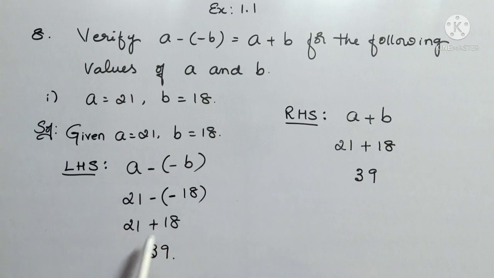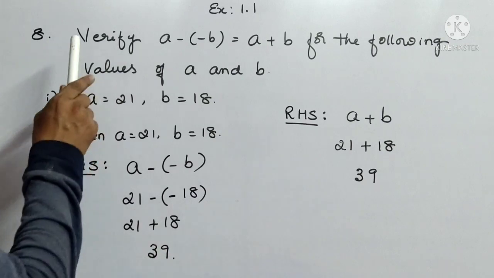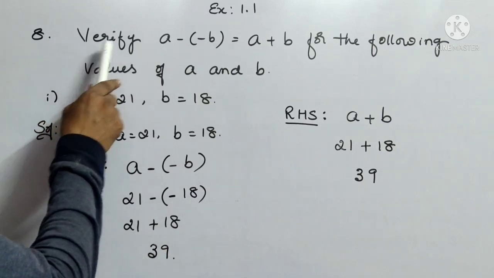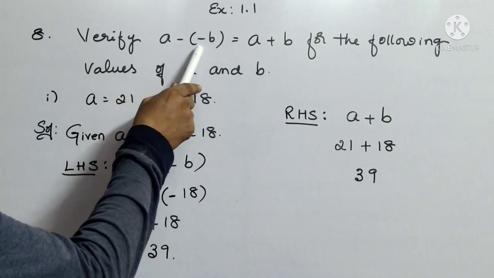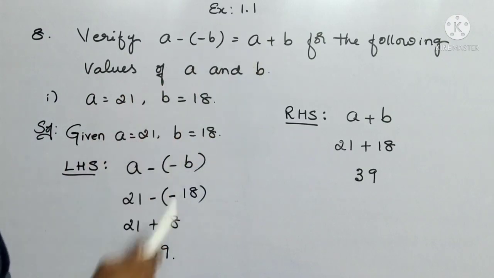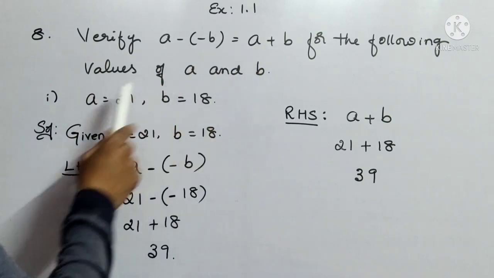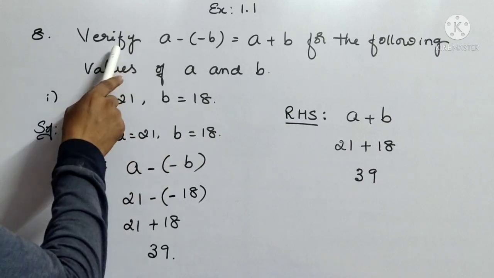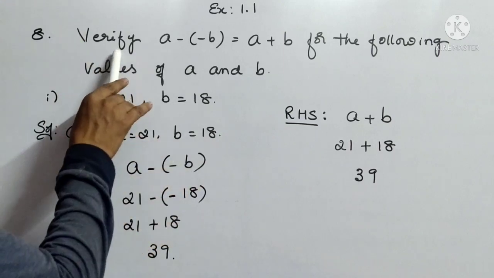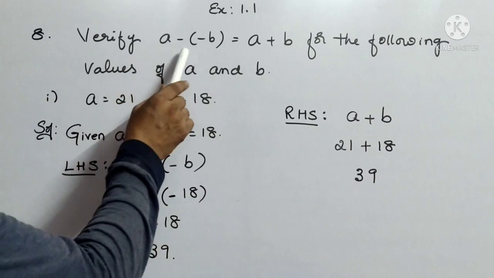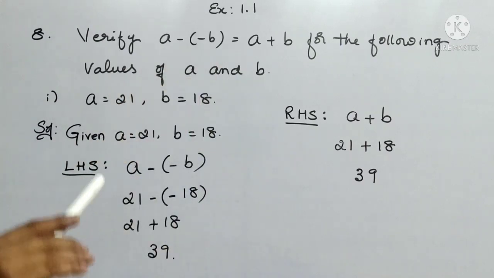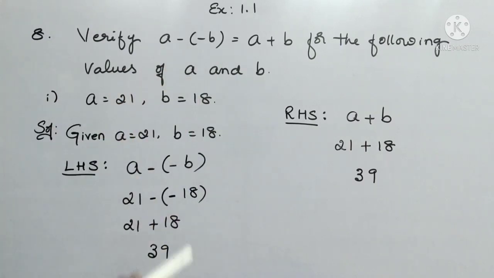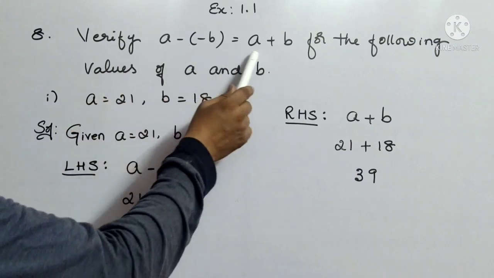These two are equal. In the question, he has given: verify A minus of minus B equals A plus B for the following values of A and B. He just asked us to verify, but he did not say that these two are exactly equal. Means he is asking us to check whether these both are equal or not.